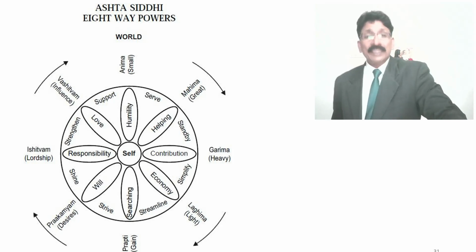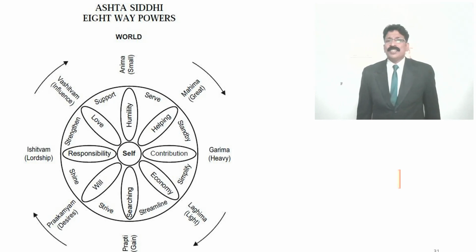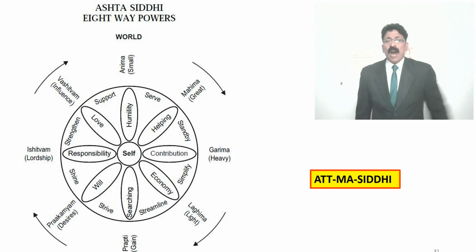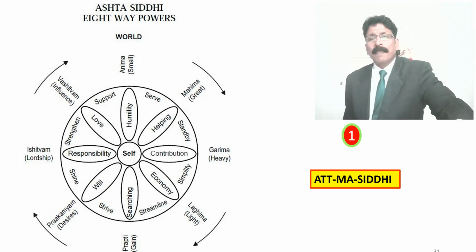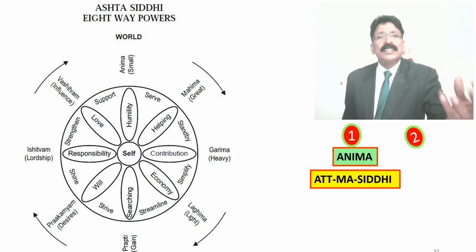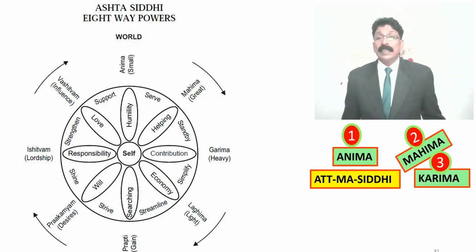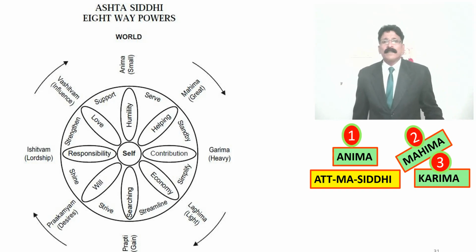So this is the world of eight ways of power according to the Siddha system. So Ashta Mahasiddhi. Number 1, Anima, that means small. Number 2, Mahima, great. Number 3, Garima or Karima, heavy.